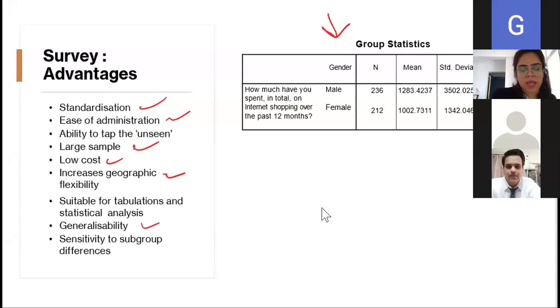So generalizability is there. Tabulation and statistical analysis is easy, because the data that comes is in the same pattern, in the same form. You can run all the analysis on that submitted set of data. So these are the advantages of conducting a survey.